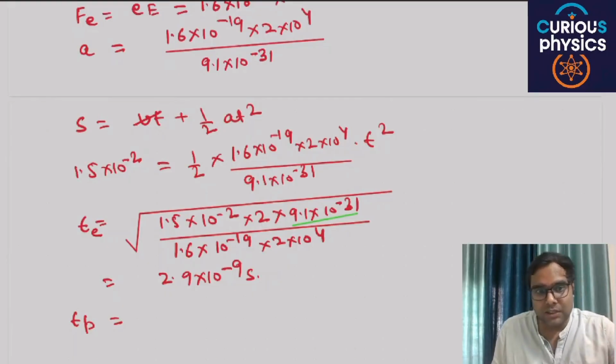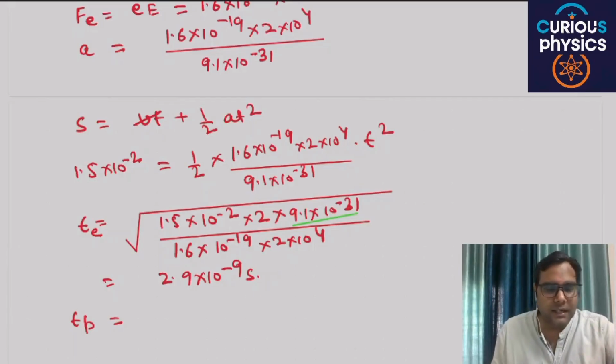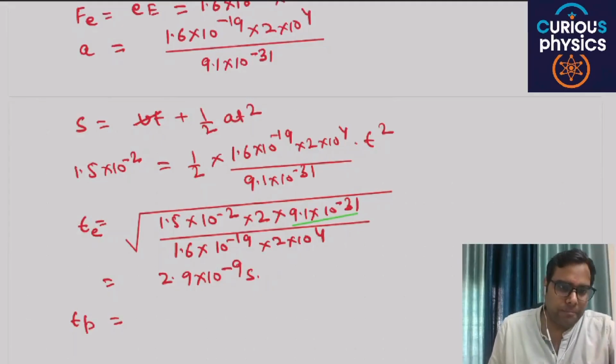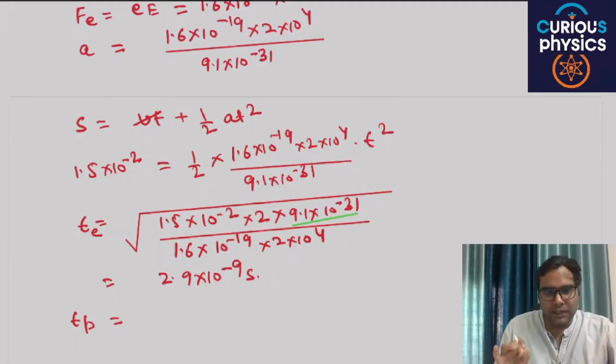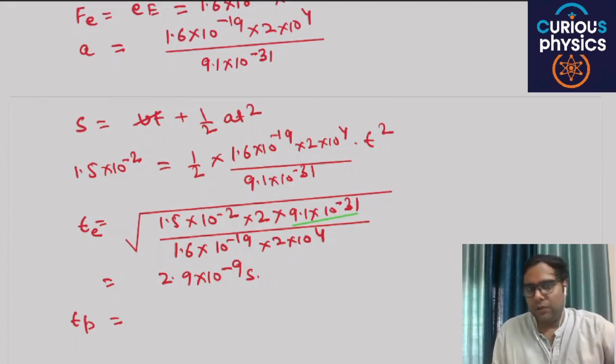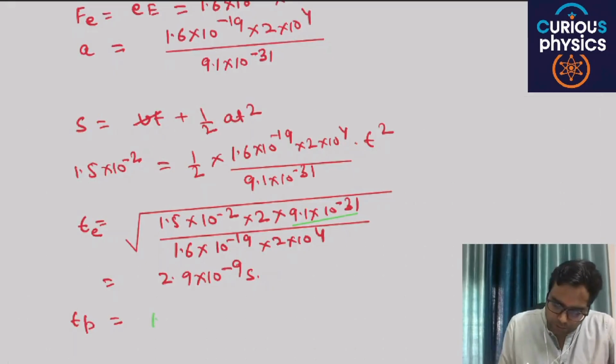The charge is the same, and here the electric field is reversed, so it will again fall in the downward direction. Then you will get the value, I think the answer will be 1.3 into 10 raised to power minus 7 second.